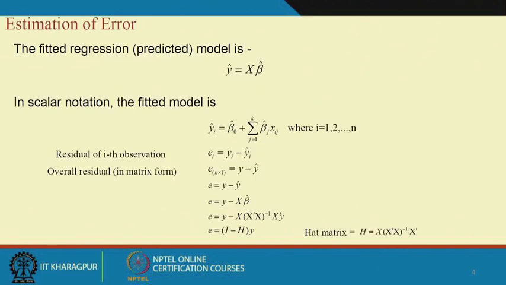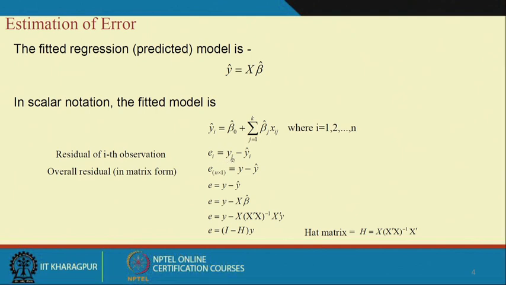Straight away, let us go to the regression equation: y equals X beta plus epsilon. When you estimate y, it will be y hat equals X beta hat, and in scalar notation we can write it like this. Ultimately, the difference between the actual observation and the predicted, or fitted, one is the residual.